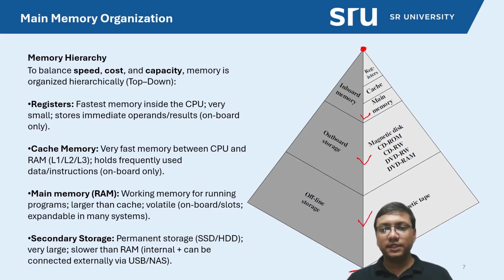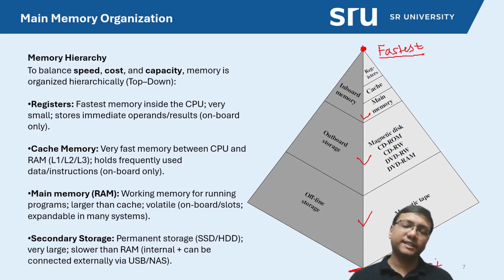At the tip of the pyramid, registers are there. Registers are the fastest memory. If I come to the bottom of the pyramid, then magnetic tape and USB drives are the slowest memory.